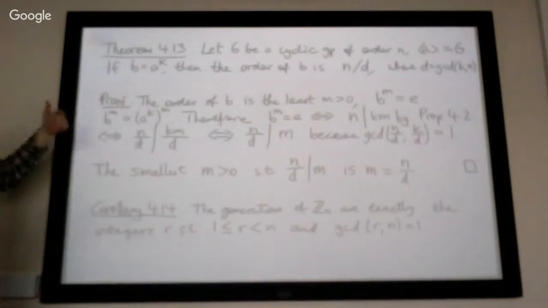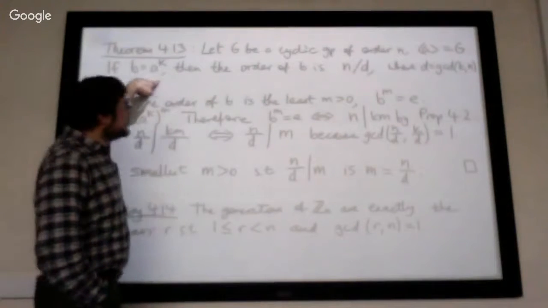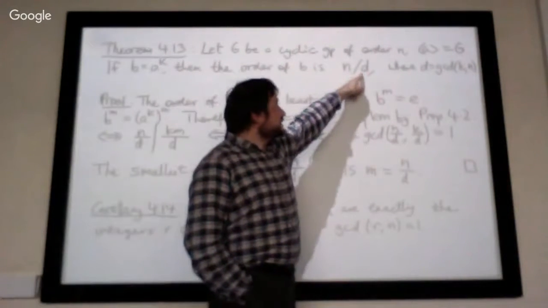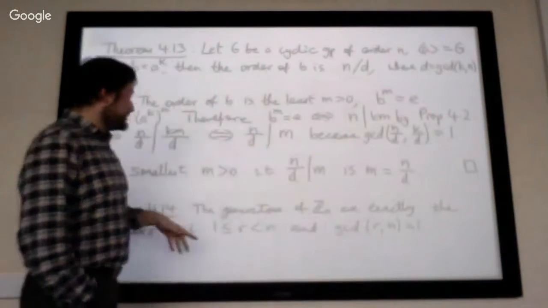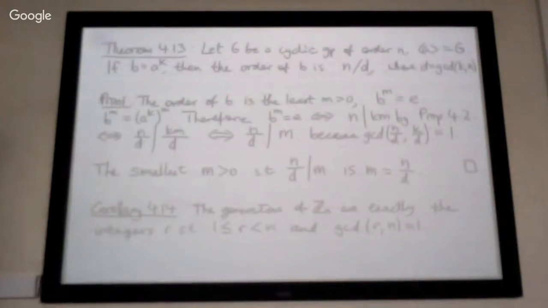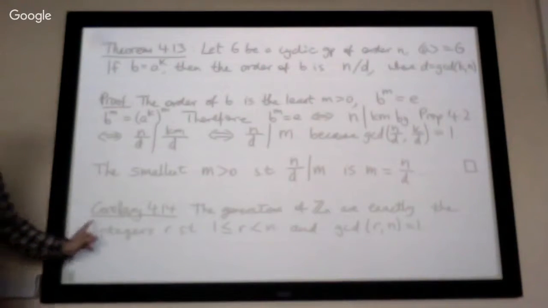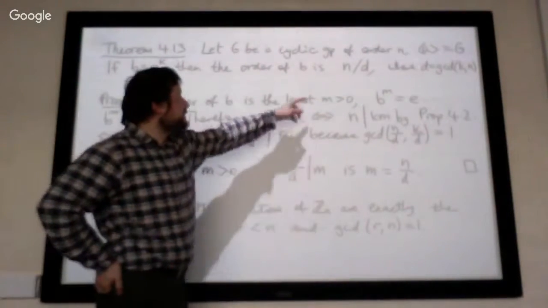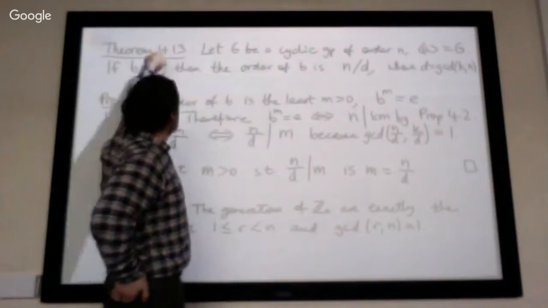That's what we've used before. And the order is n if d is 1, so that's it. In these groups, 1 plays the role of the generator a.